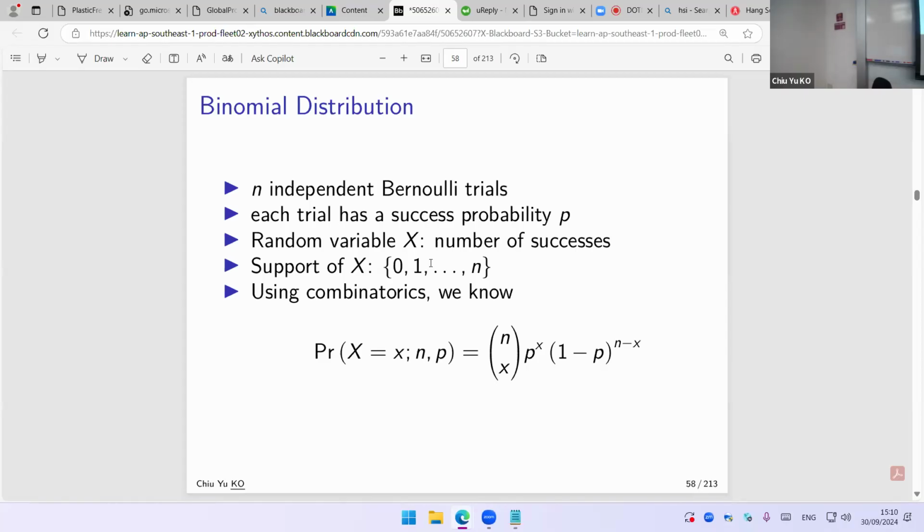Now we have more fun because instead of looking at one Bernoulli trial, just success or failure, we repeat this n times, but independently. Each one is independent. That means I try one up to n, each one with the same experiment. I repeat n times. What I care about is the number of successes.